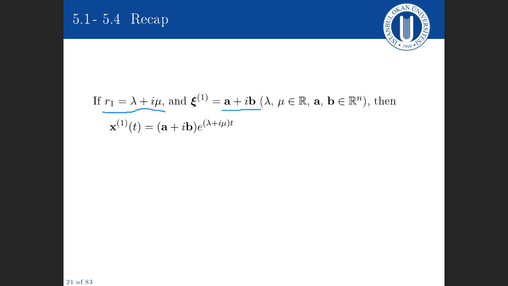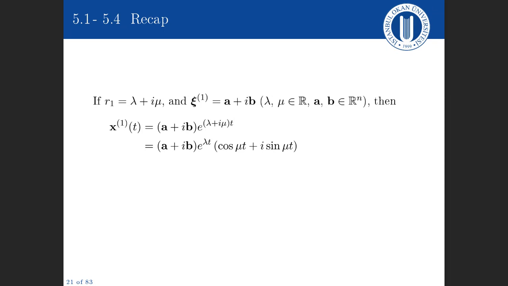Then our solution x1 is (a plus ib) e to the power (lambda plus i mu) t. Think back to chapter 3. We know how to do e to the power of a complex number. What that really means is e to the power lambda t, times cos mu t plus i sine mu t.